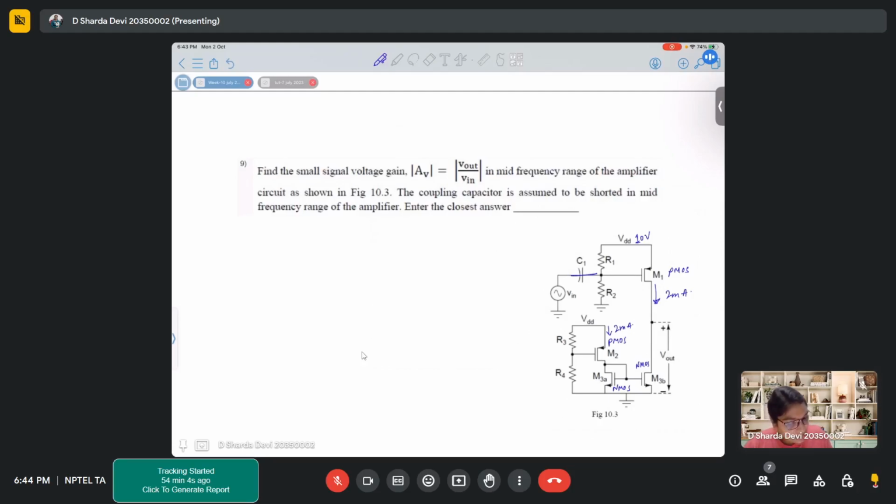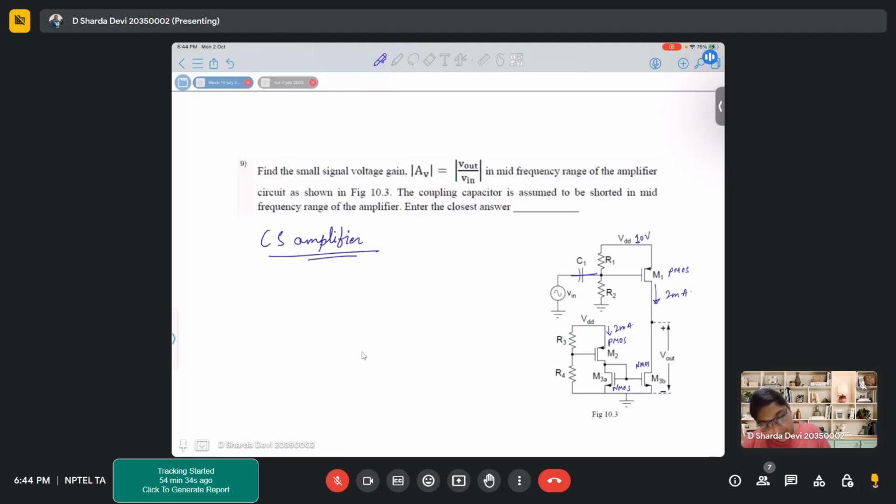So this is shorted. Now what will be the gain of your circuit? It was already mentioned that this is a CS amplifier with current mirror, definitely.